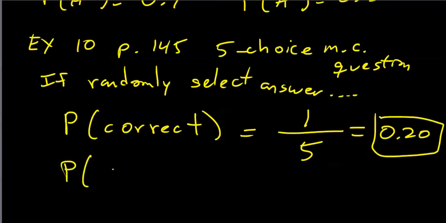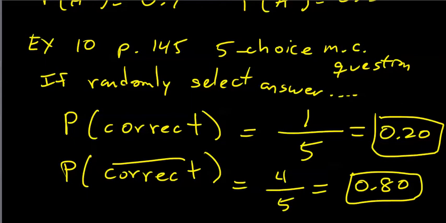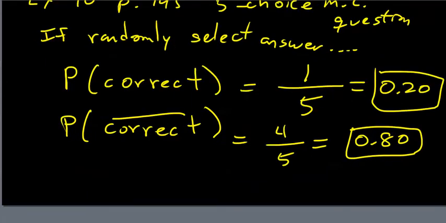If I ask you what's the probability then of being not correct, and this is just how I would write it here, probability of this event, correct bar means not correct, well then of course you would say there's 4 not correct answers out of 5 available, and that's going to be 0.8 when I divide it out. Again, clearly you can see the probability of complementary events always has to add up to 1.